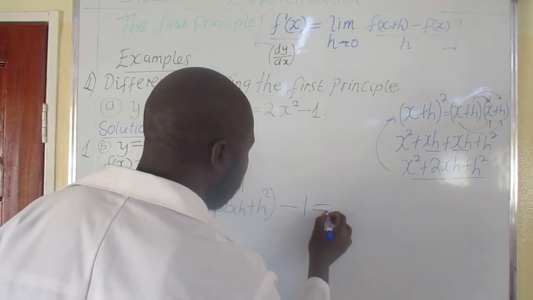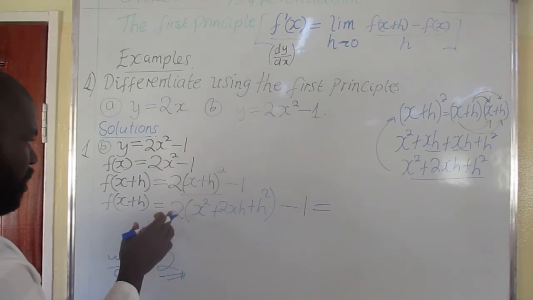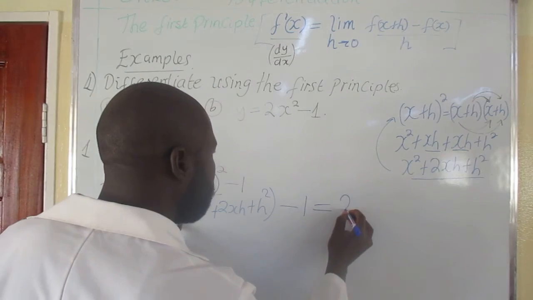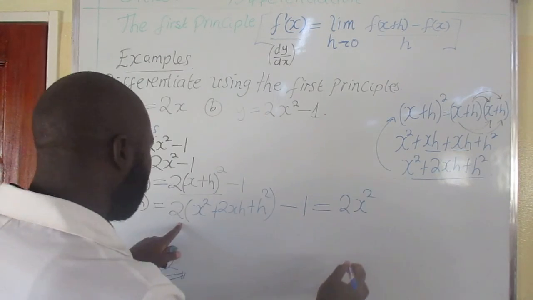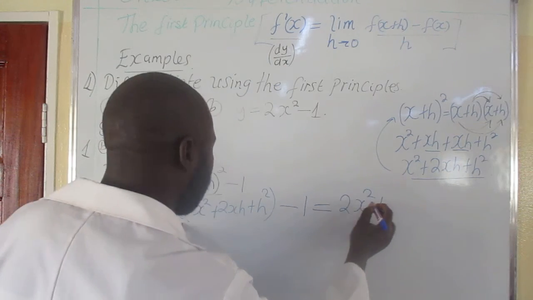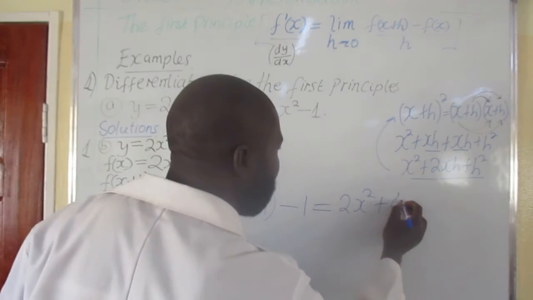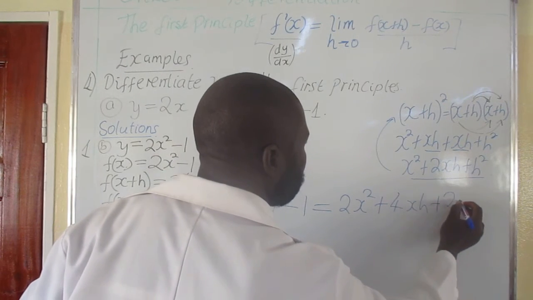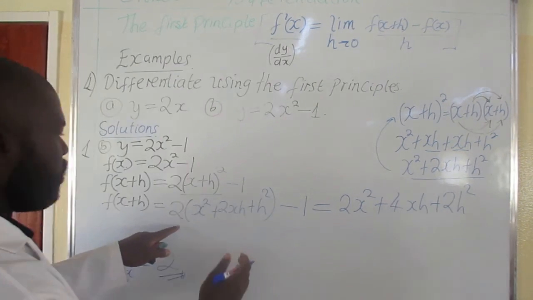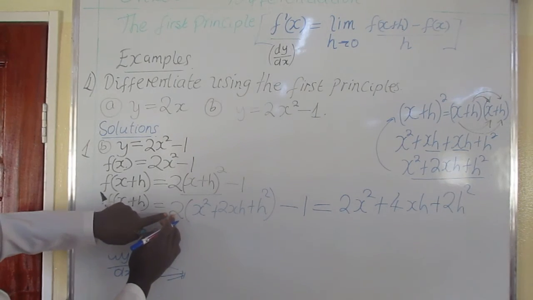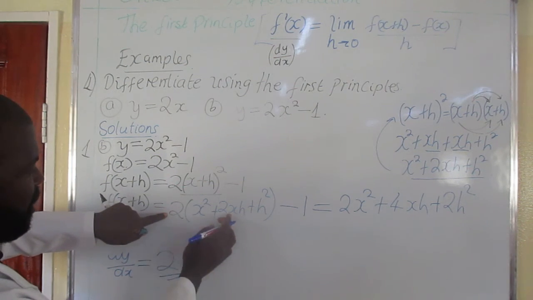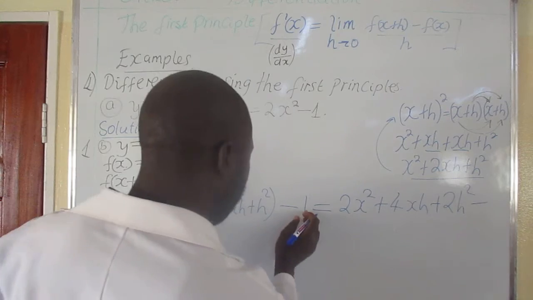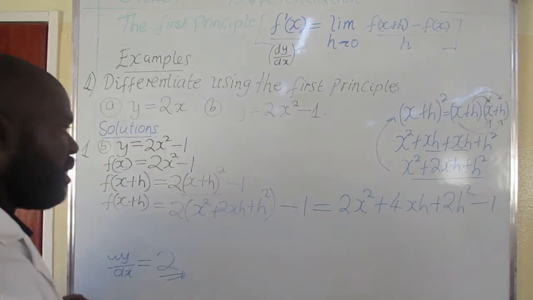So you can see when we distribute this 2 everywhere here, we are going to have 2x squared plus 4xh plus 2h squared. So distributing this 2 to each one of these three terms, we have this. Then minus 1. Okay.